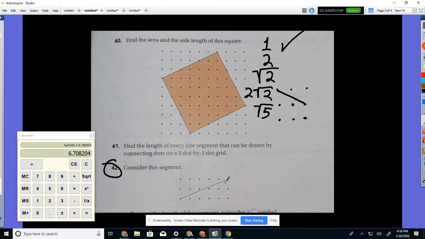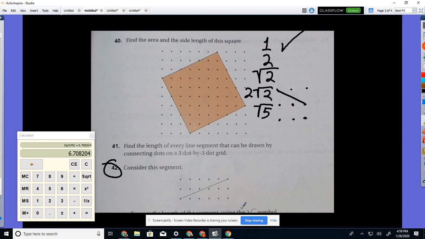If I were to redraw this up here, consider this segment, you must find the area of this square root. So let's see, it's going up 2, over 1, 2, 3, 4, 5. So then you have to go over 2 and then down 5.